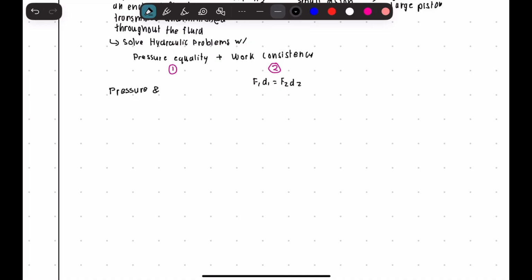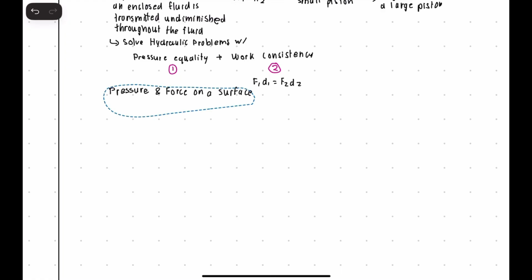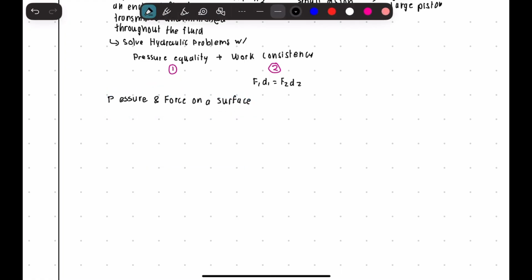Now let's move on to pressure and force on a surface. So force from a fluid is essentially F equals PA.